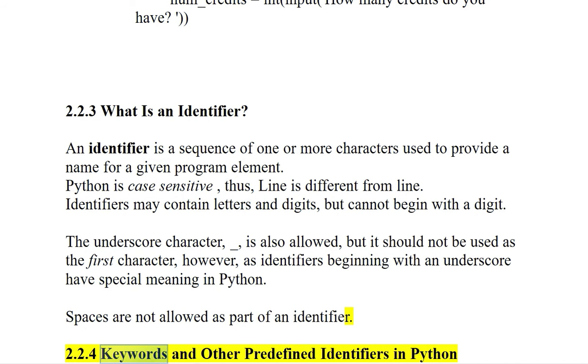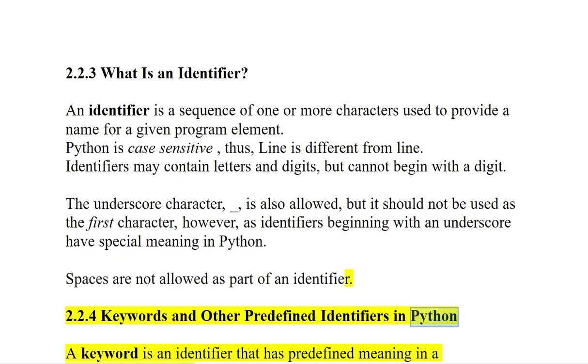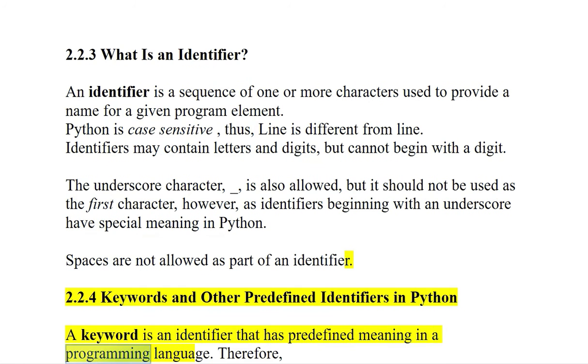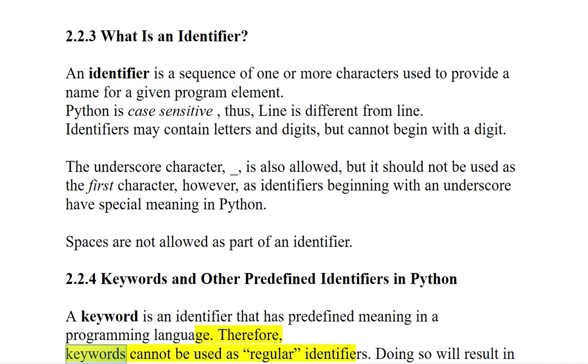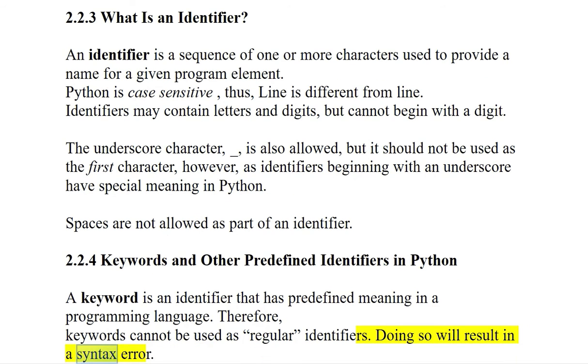2.2.4 Keywords and other predefined identifiers in Python. A keyword is an identifier that has predefined meaning in a programming language. Therefore, keywords cannot be used as regular identifiers. Doing so will result in a syntax error.